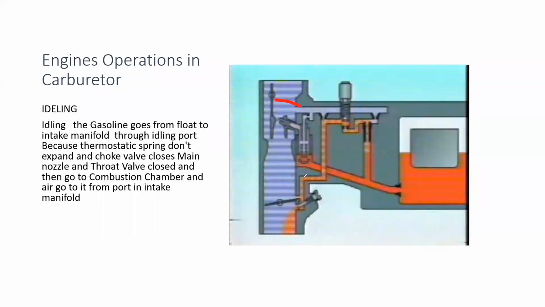Next one is idling. So yes, as I told you earlier, the vacuum is actually here. The lowest pressure is around here because these two are somewhat closed. So the fuel comes here and goes through this jet. These are the metering jets, right?